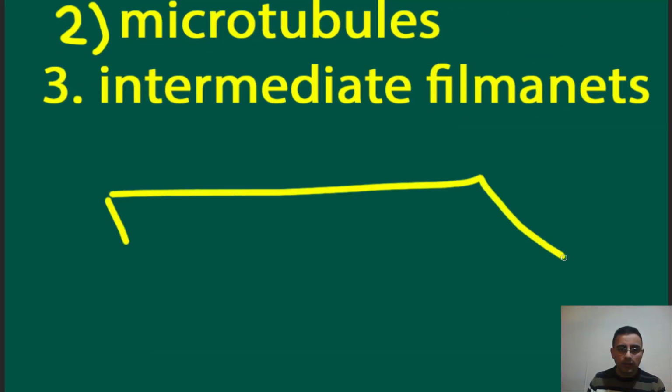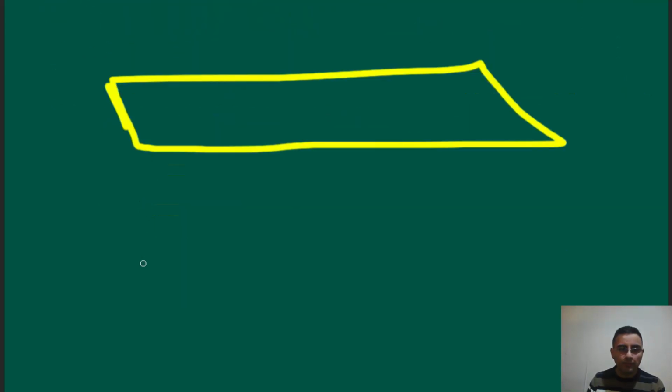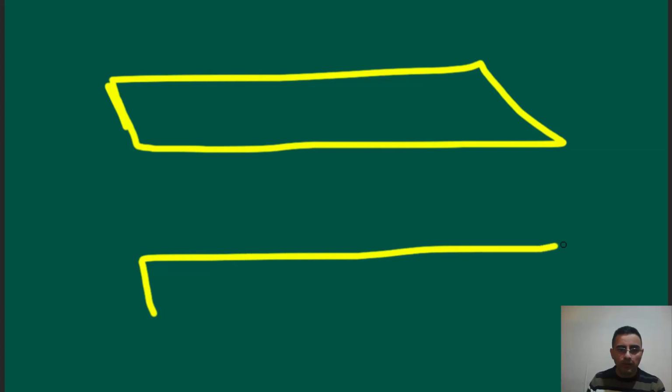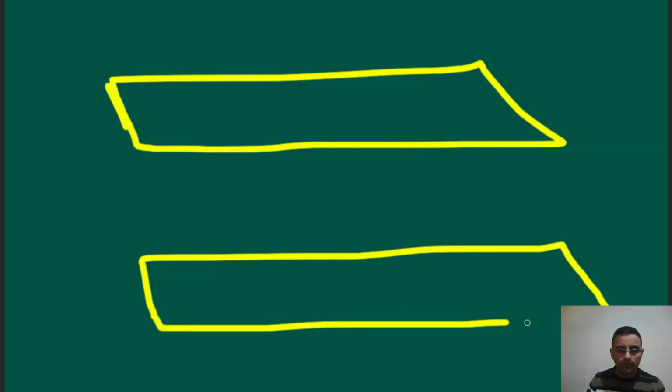If this is the outer layer of the cell, and this is the bottom layer of the cell, here is cytoplasm.